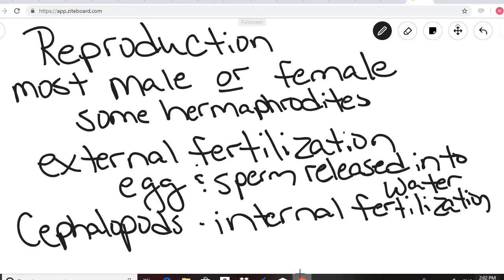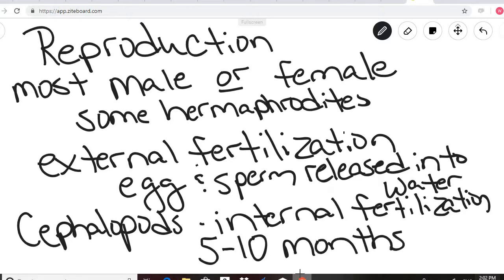The males die soon after they have mated, soon after they've transferred their sperm to the female. And often the females don't eat while they're watching the eggs, and they will die soon after those eggs hatch. So the gestational period for octopus eggs is about 5 to 10 months.